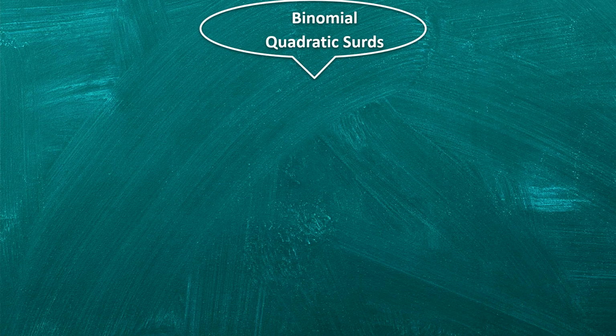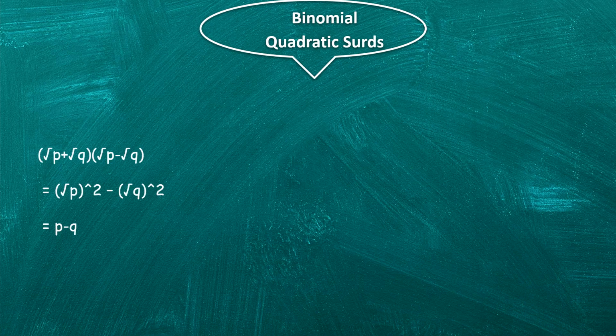Now binomial quadratic surds. We have learned about quadratic surds, but what is this binomial now? So binomial is nothing but two expressions which are joined by a plus or minus sign. Now let's take an example here.